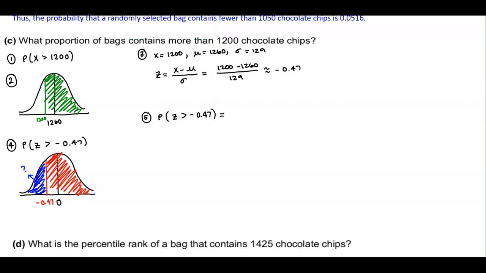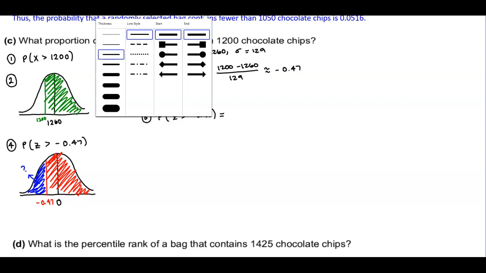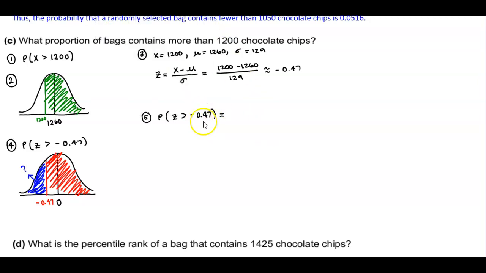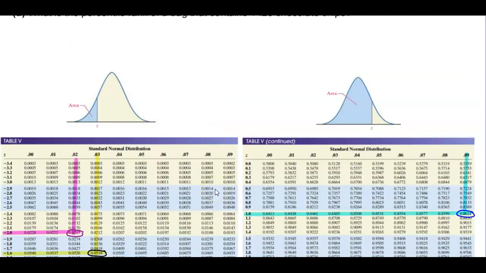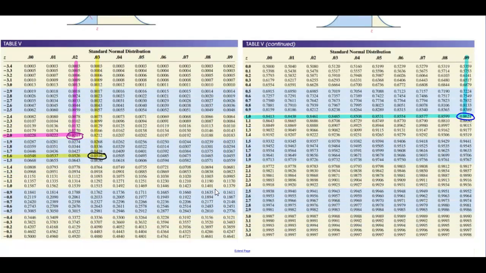Once we find that area, we're going to subtract that from 1. So let's go ahead and find the z-score for negative 0.47. Let's go down here and look for negative 0.47.